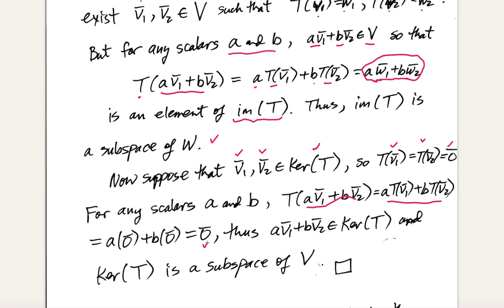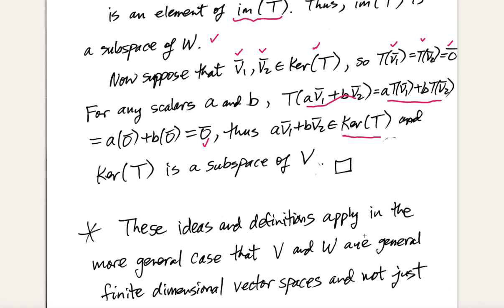That's going to have to be the zero vector. Okay? Wait, so that means that linear combination actually has to be part of what? The kernel, because the kernel is all vectors in V that get mapped to 0. Okay? Thus, the kernel of T is a subspace of V.